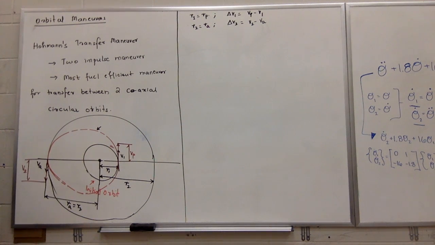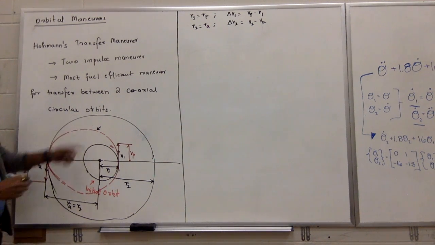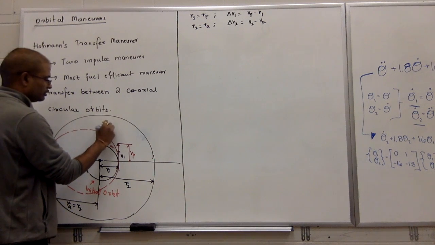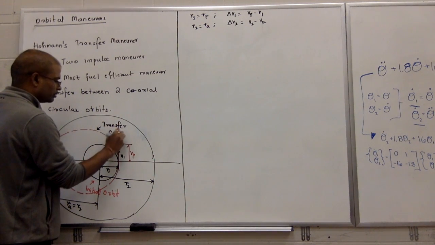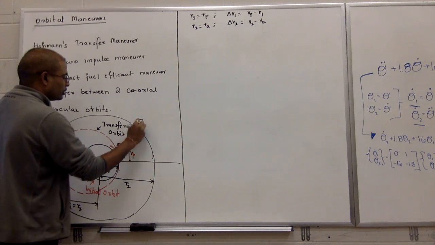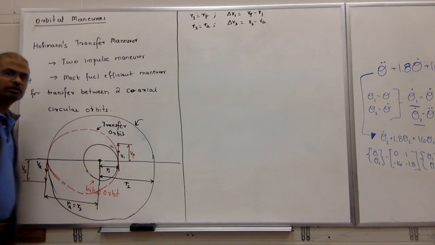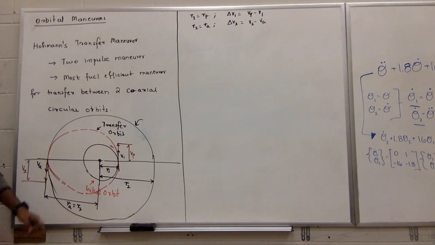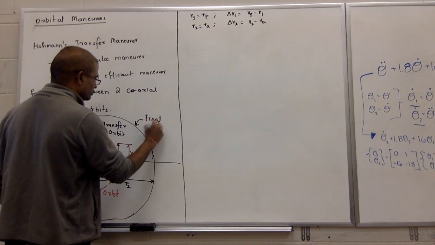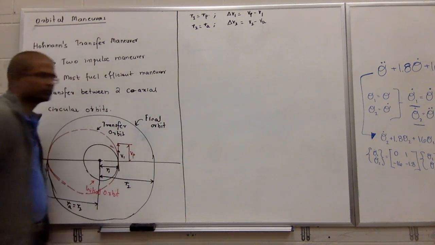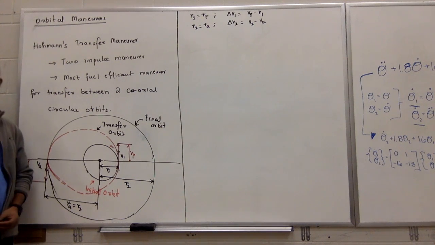A transfer orbit. This is the Hohmann transfer orbit. What would you call this? The final orbit. Got it?